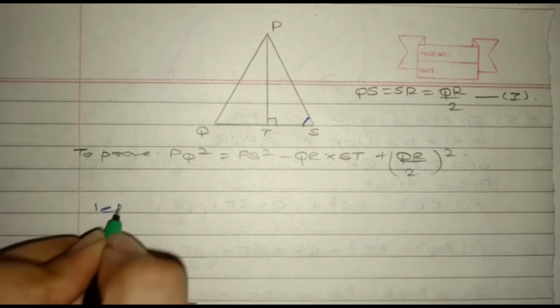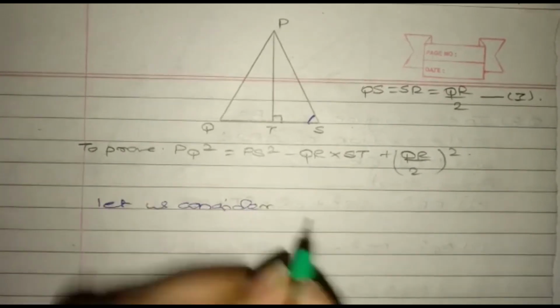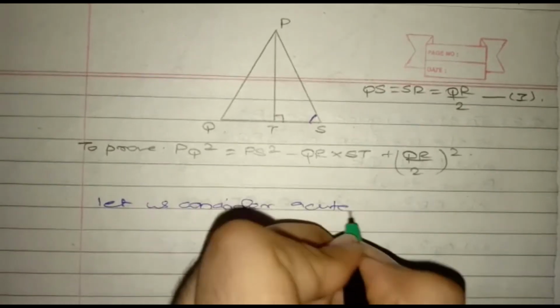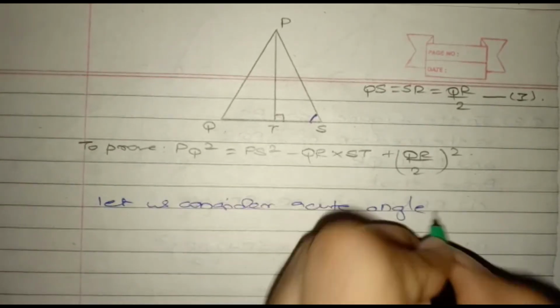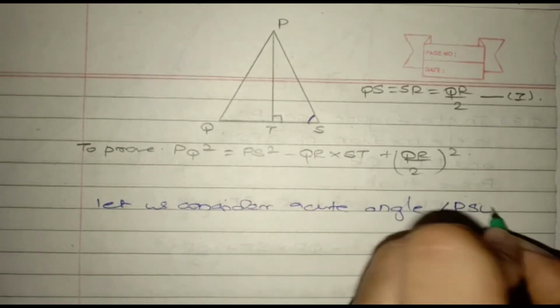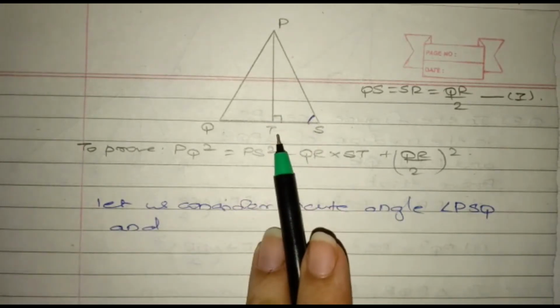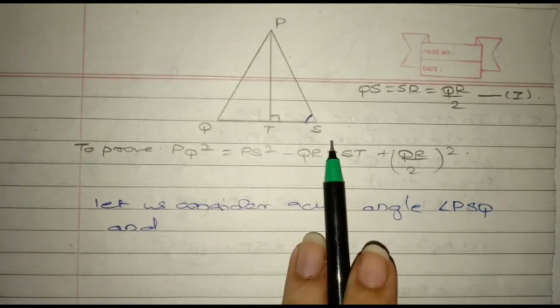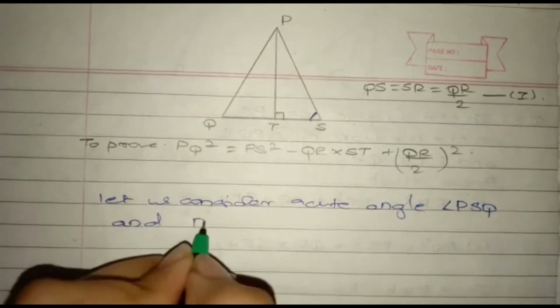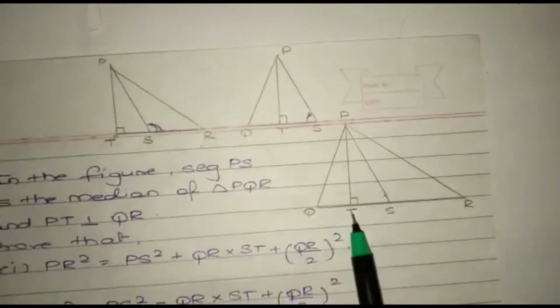Let us consider acute angle PSQ, and we know that PT is perpendicular to QR. We had QR, so we will write PT perpendicular to QR, because in this diagram we have PT perpendicular to QR.